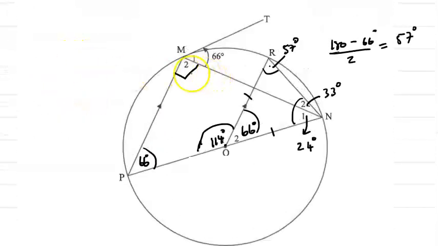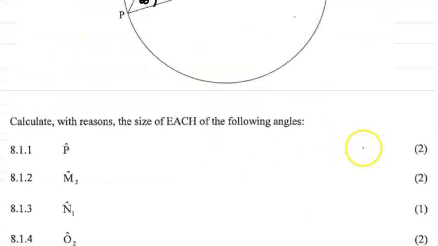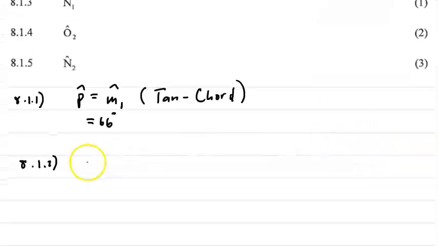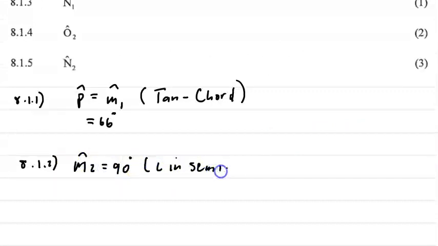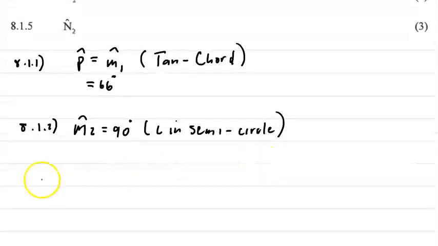If we go back here now, M2, we'll say M2 is equal to 90 degrees, angle in semicircle. M2 equals 90 degrees, angle in semicircle.